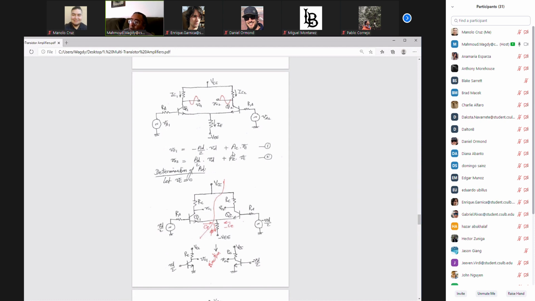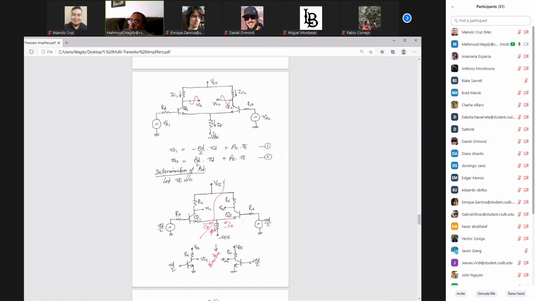The two common mode components at the output are the same, and the differential components are opposite because they are out of phase. But the common mode component is the same. So equations 1 and 2 describe the situation very well.